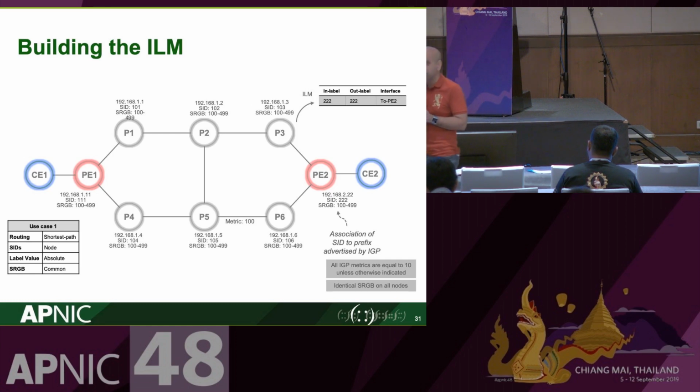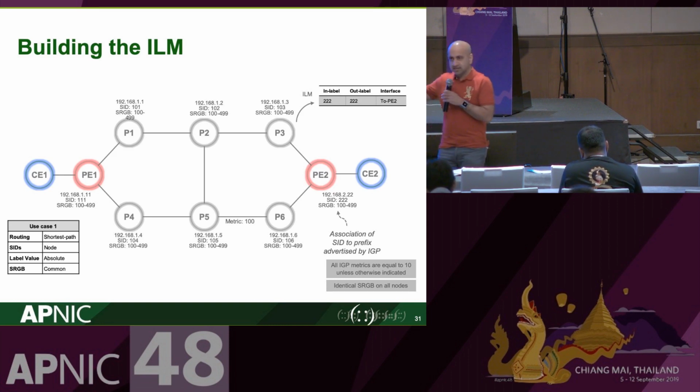That's MPLS, right? That's the nature of the MPLS data plane. A MPLS labeled packet comes in, the router will look up the incoming label in its ILM, and work out where to send it and with what label. So by keeping this, we can reuse the MPLS data plane, the hardware and the software that is out there today that does MPLS.